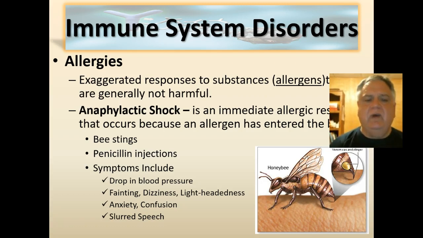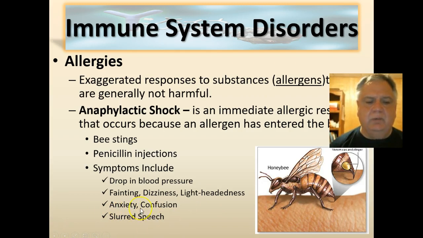The symptoms of anaphylactic shock, obviously there's that drop in blood pressure that we see. That may result in fainting, dizziness, lightheadedness because of the lack of proper blood supply into the tissues of the brain, and that can cause the fainting and lightheadedness.